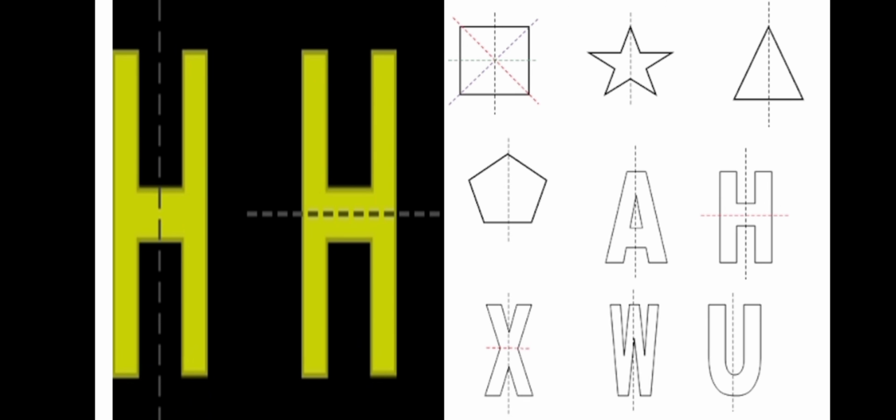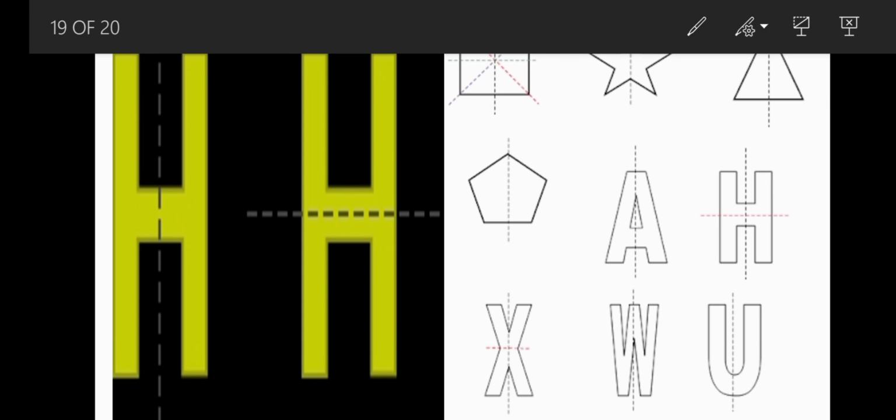Only those lines which divide the picture into two equal halves are known as lines of symmetry. But if the line can't divide the picture into two equal parts, then that is not a line of symmetry. For example, if I draw a horizontal line through this pentagon, then it is not a line of symmetry.